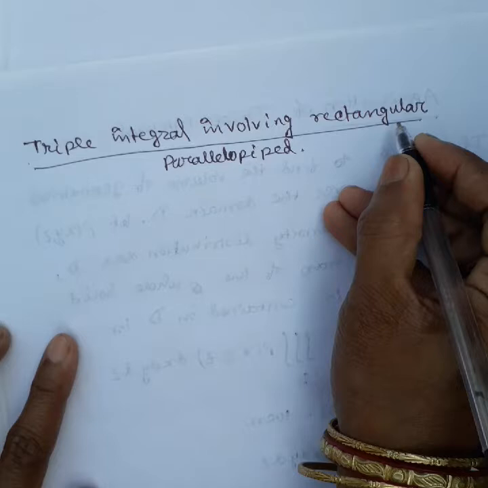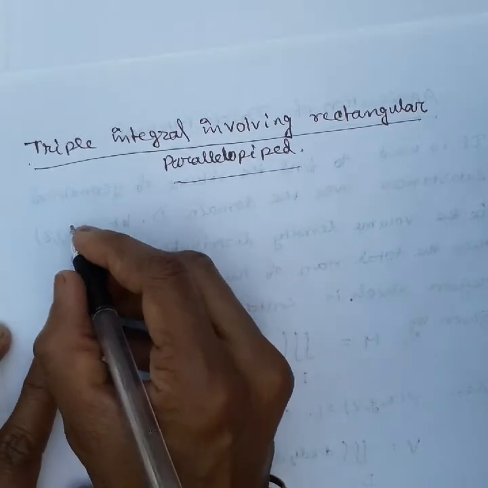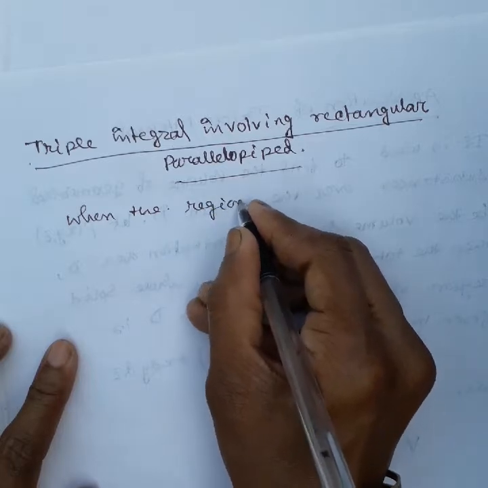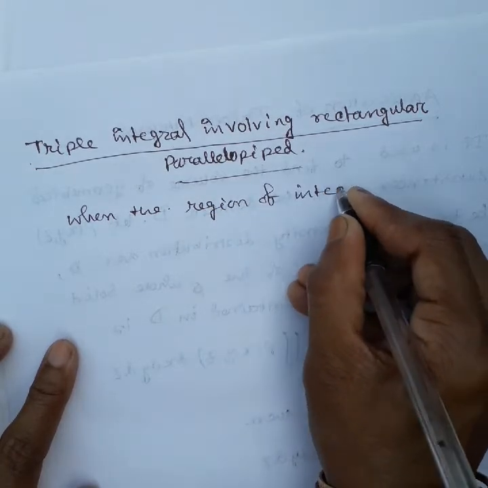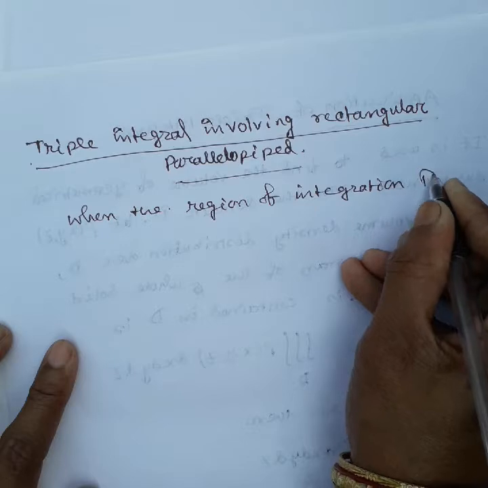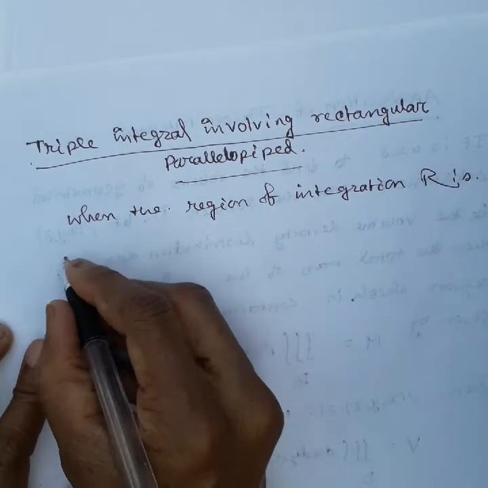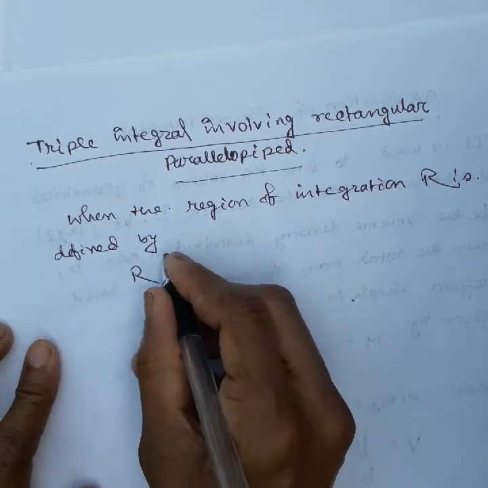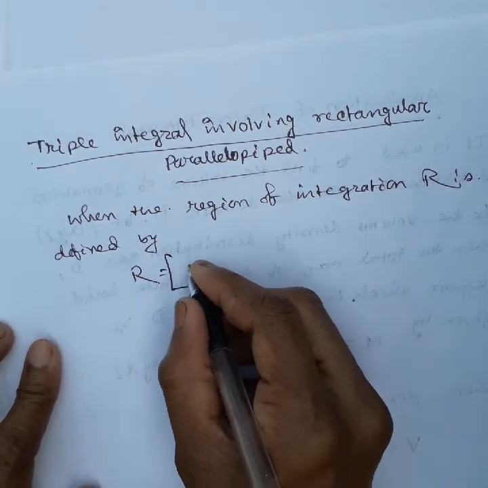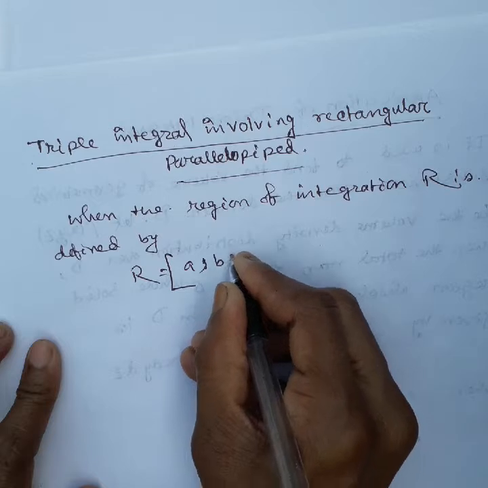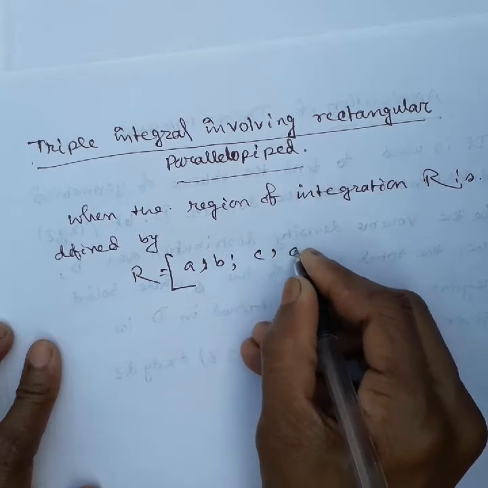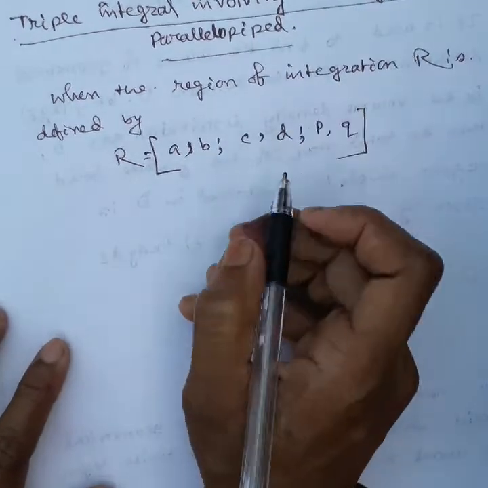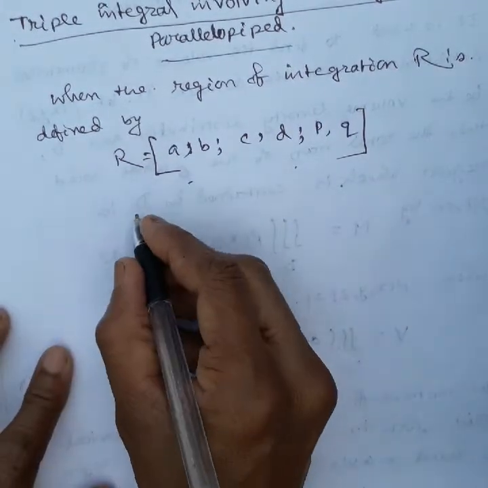Okay, so for this, when the region of integration R is defined by A, B, C, D and P, Q, okay, this is the length, breadth and height.